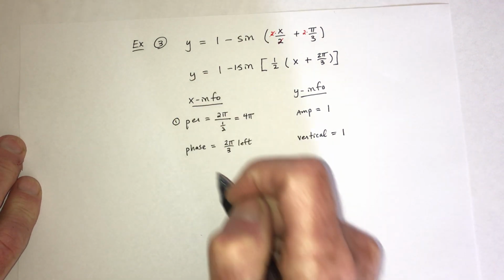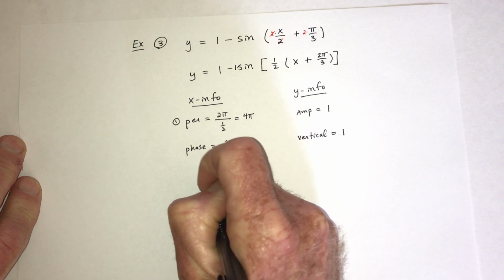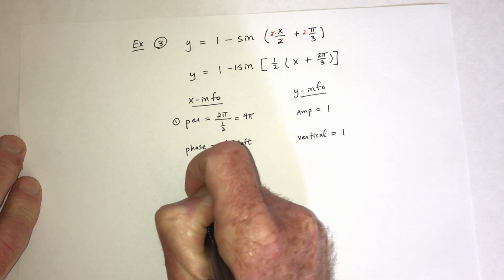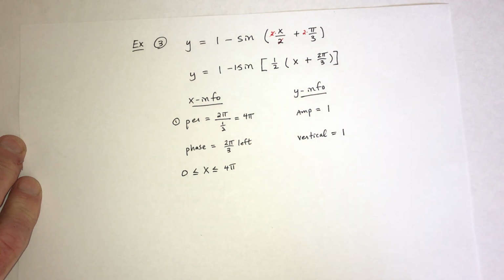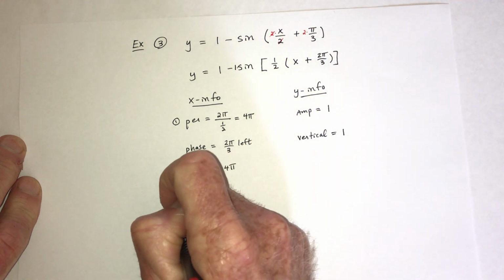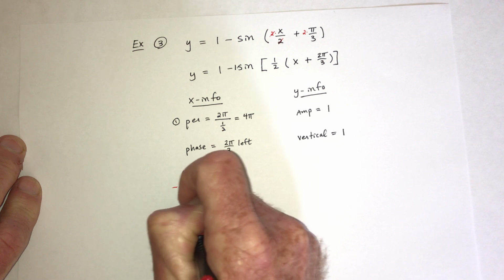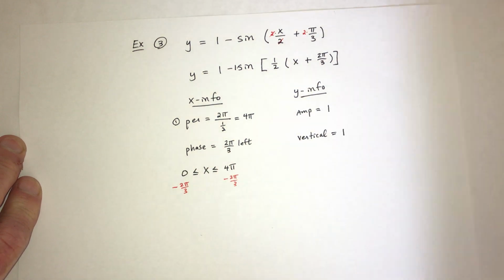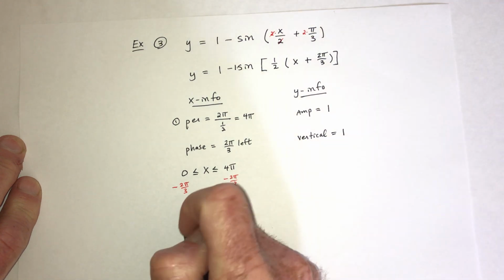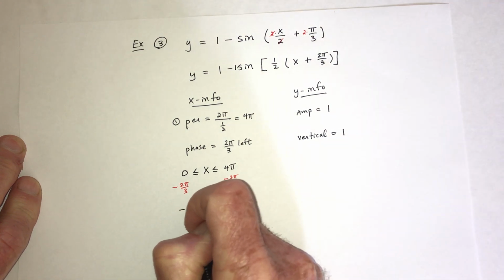So number 1, start with period. So that means that x is going to be between 0 and 4 pi. Now go to the left. So subtract 2 pi over 3 and subtract 2 pi over 3. So this will be negative 2 pi over 3.